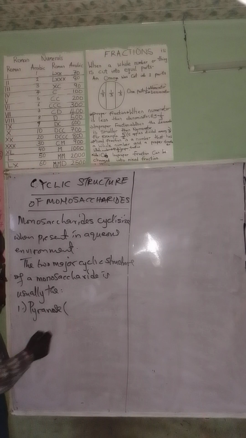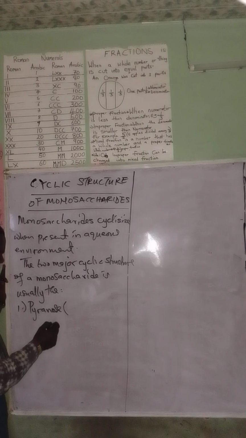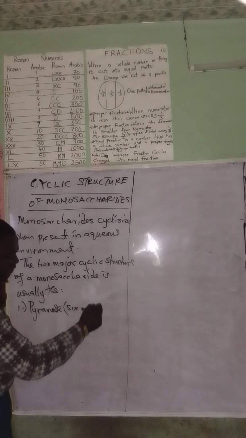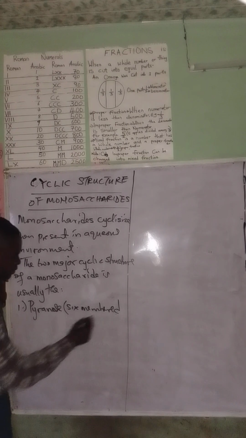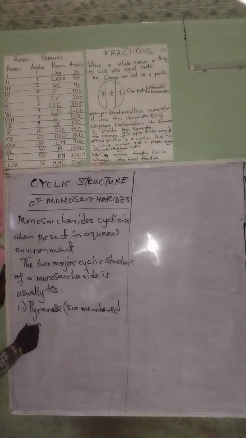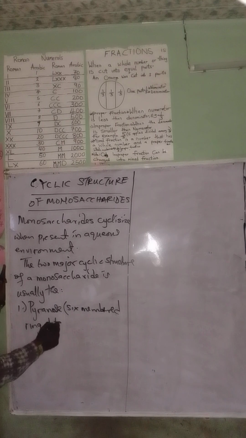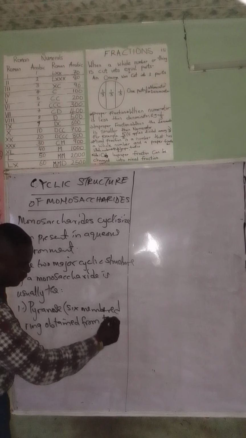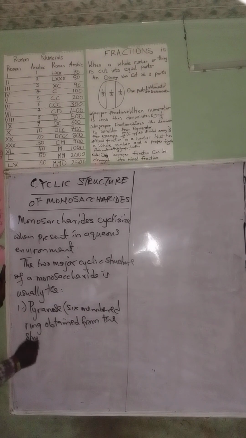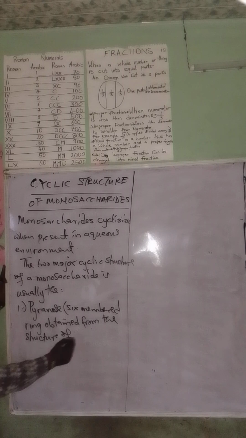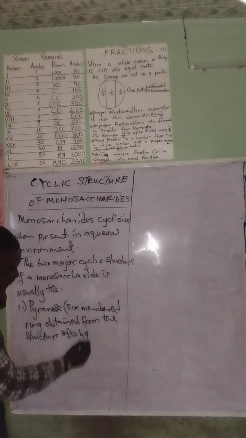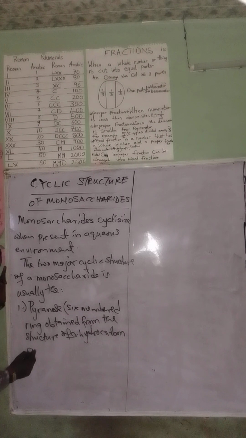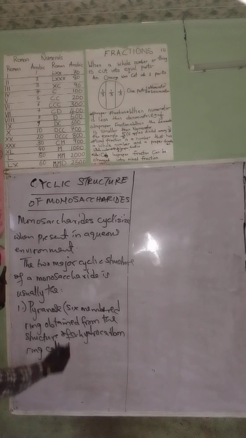Pyranose is a 6-membered ring obtained from the structure of the hydrocarbon ring called pyran.